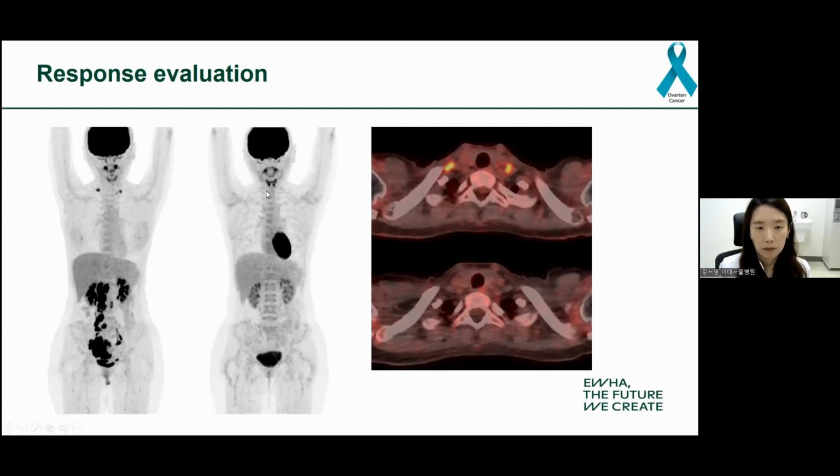The hypermetabolic masses suggesting metastasis in both supraclavicular fossae disappeared. So this time, complete metabolic response was shown in the FDG PET/CT.